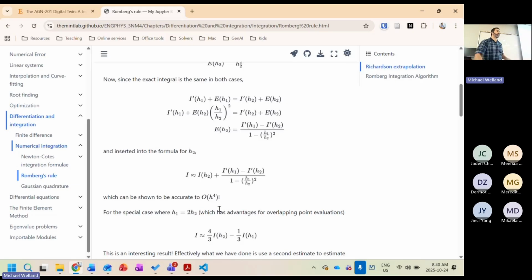Because if, for example, you have data, say you have tabulated data, right? If you have a callable function, you can just evaluate this wherever you want. That's something else. But say you had tabulated data that looked like 3 data points. Okay, so you have x0, x1, x2. These are evenly spaced. I'm just bad at drawing. Right? Newton-Cotes would say, consider this to be one interval.